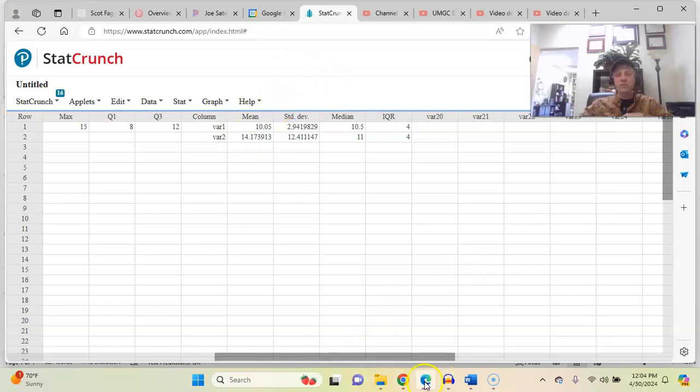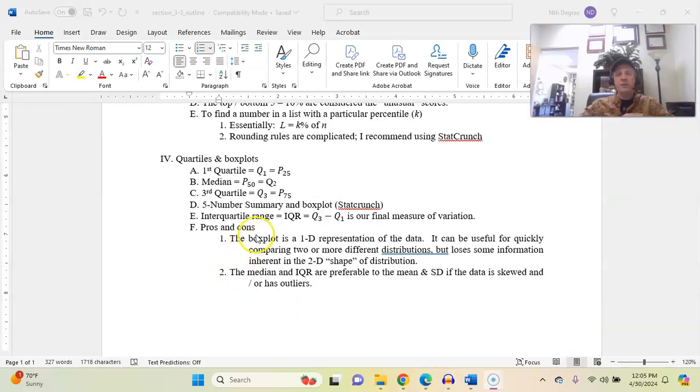Okay, so let's come back to the outline and just kind of wrap things up here with a few pros and cons. Issue number 1 is basically comparing the pros and cons of box plots versus two-dimensional curves, like bell curves, for example, with a frequency axis. The box plot is a one-dimensional representation of the data.